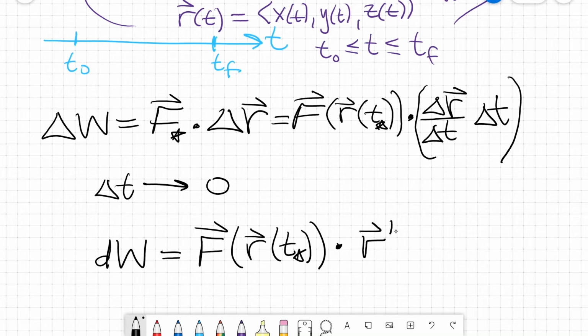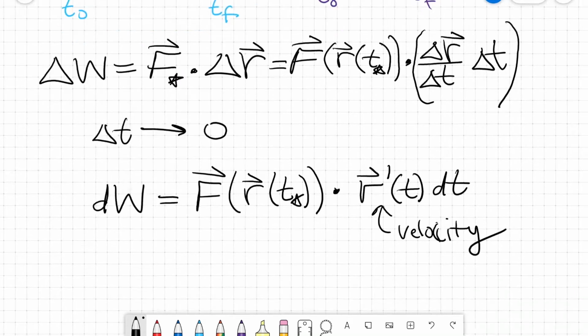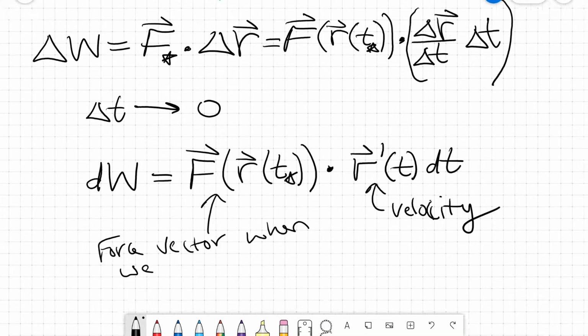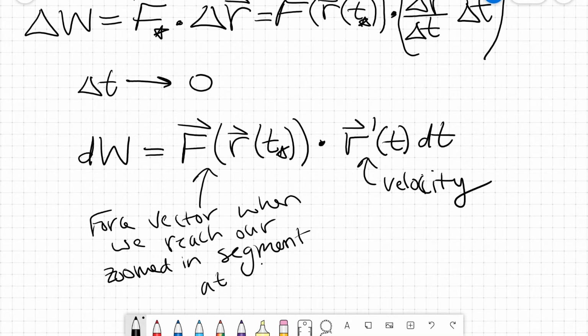Hence, we'll get the velocity times a small time. Since the segment is small enough, this formula works really well and is extremely accurate.